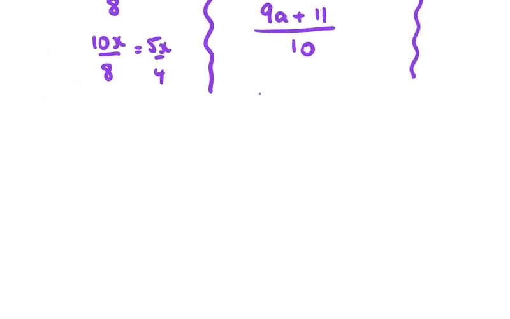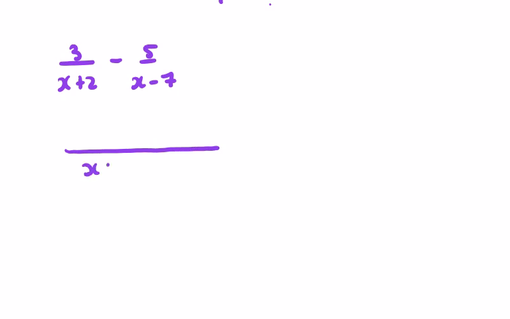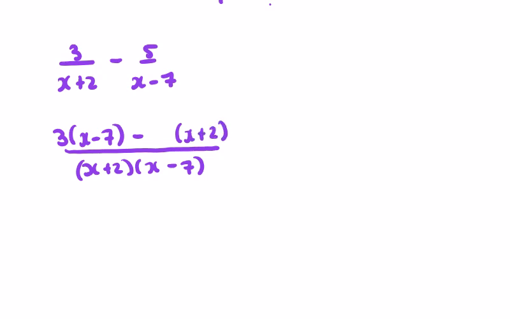We'll do one with a minus now. And they could have the letters on the bottom. So what about if we have 3 over x plus 2 minus 5 over x minus 7? We follow the same rules. We multiply the two things on the bottom, or the two terms, x plus 2 by x minus 7. And then we multiply 3 by what it's not over. We keep the sign and we multiply x plus 2 by what it's not over.